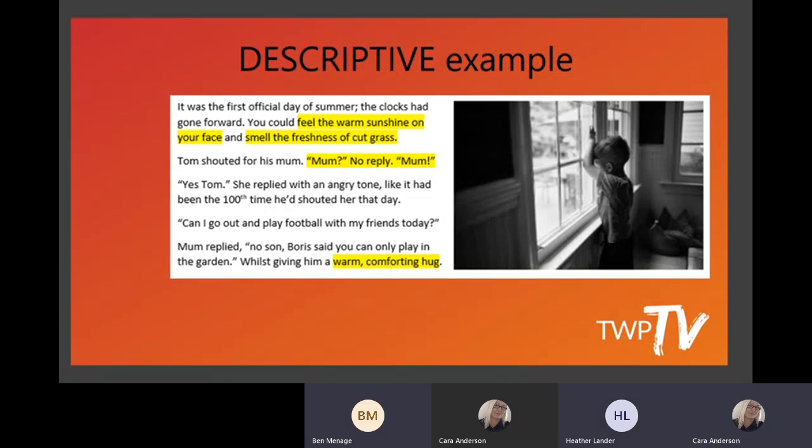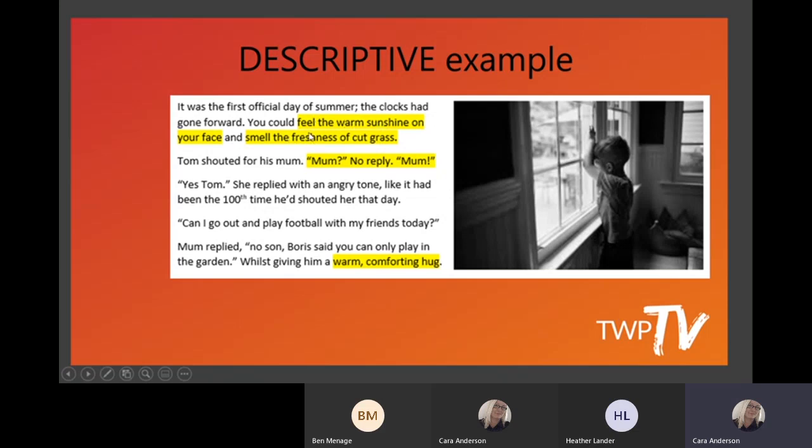That particular one's highlighted because it's a short paragraph. So you'll also see down the bottom here, you've got warm, comforting hug. So again, it's describing, he didn't just give a hug, she gave a warm and comforting hug. So there's a bit of description in there.